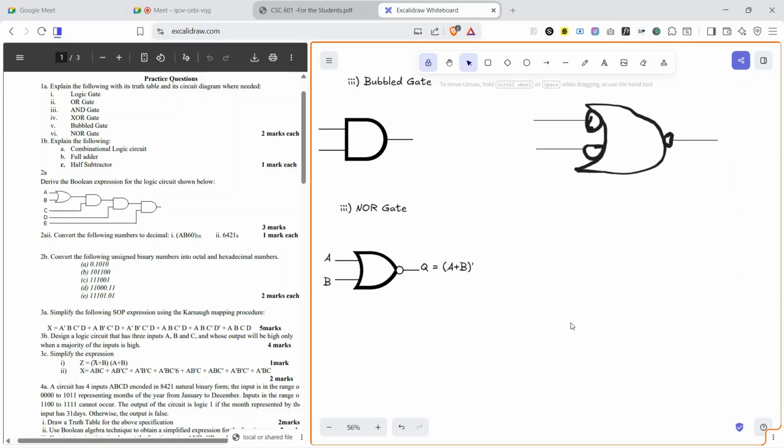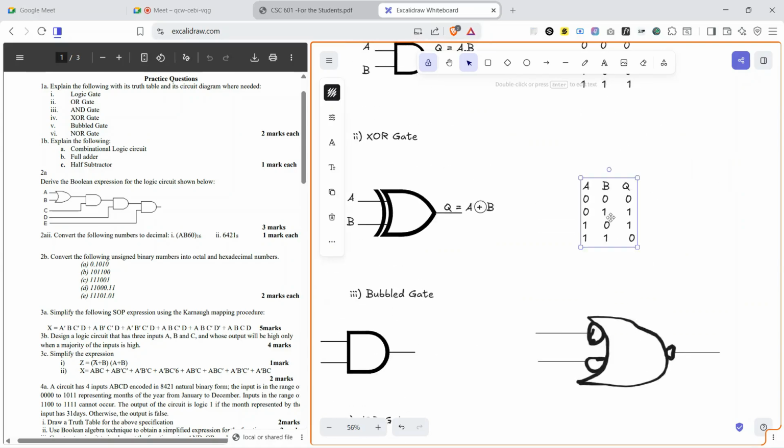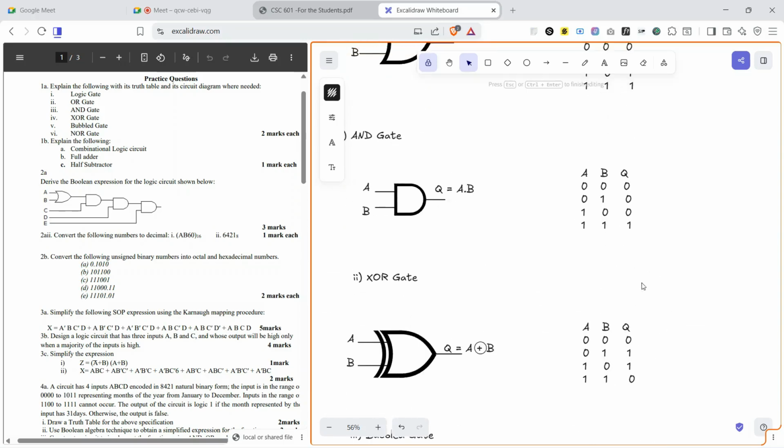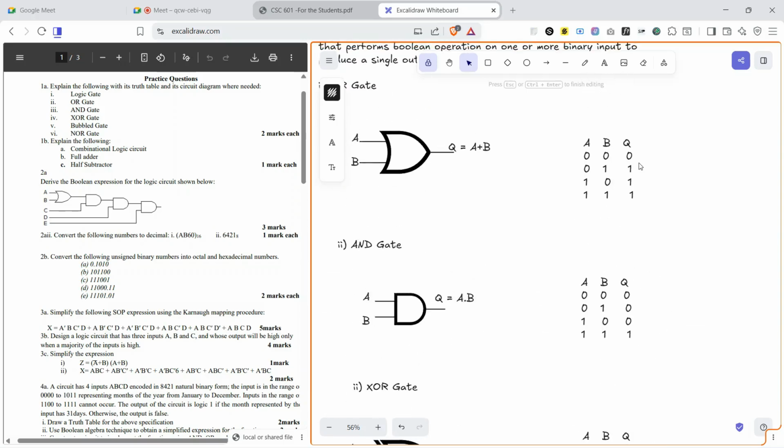The truth table of this would be, so instead of what we had for OR gates, it will be the negative of that. That is, wherever there is zero, it is now going to turn one.